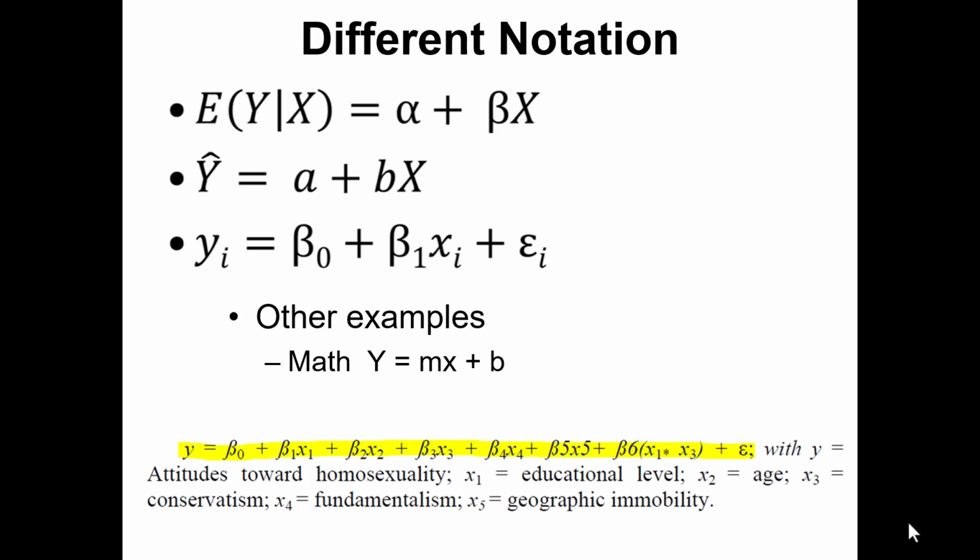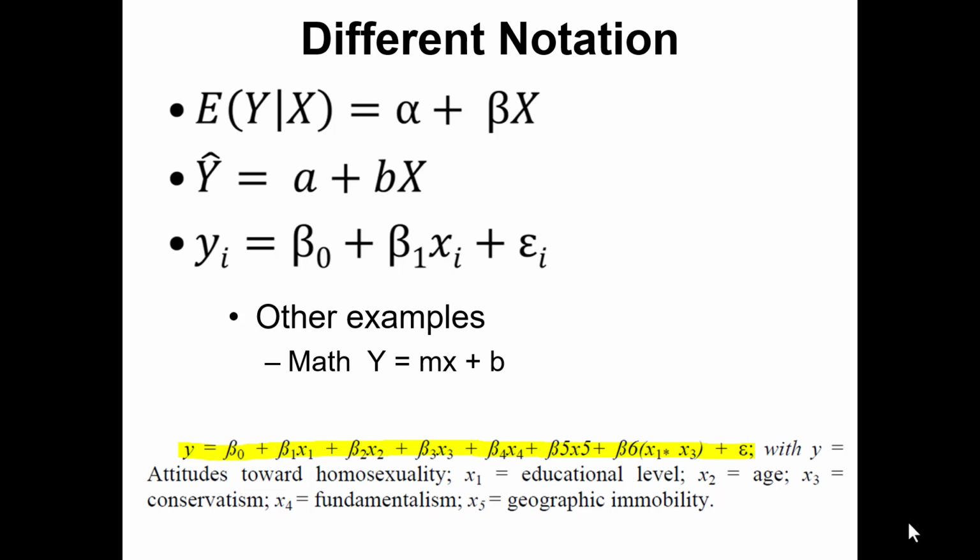And it depends on if you're looking at an economics article or a psychology or political science or a math article, they may use different notation for this exact same technique and linear relationship.